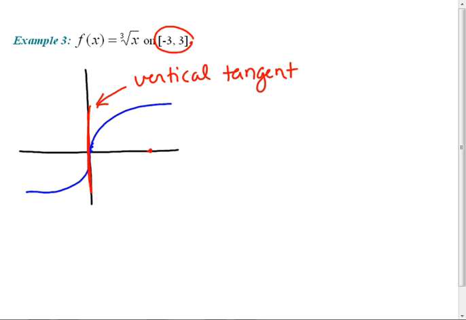So here's 3, there's negative 3. You might be able to find a tangent, but we don't have to do it because it says use the mean value theorem. I know it doesn't say that on your sheet, but it does. Vertical tangent implies not differentiable. I apologize for not having directions on there.